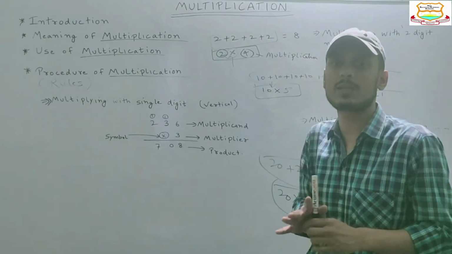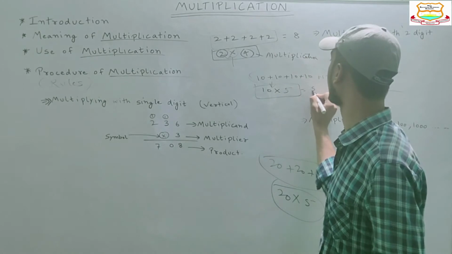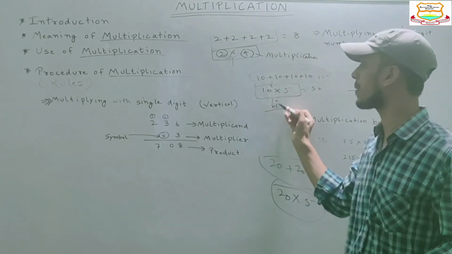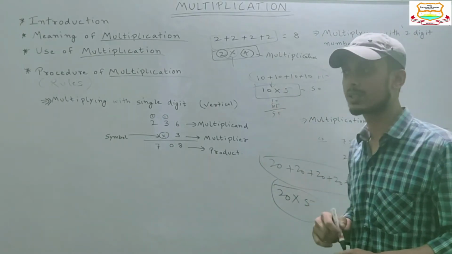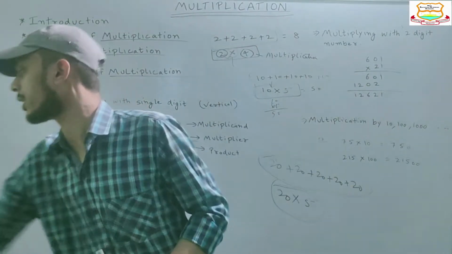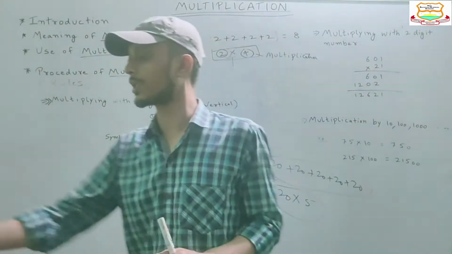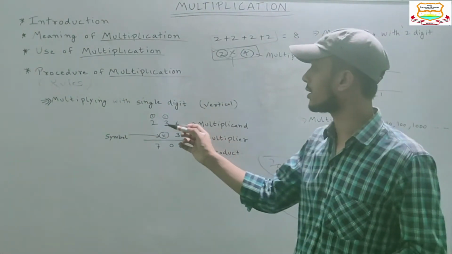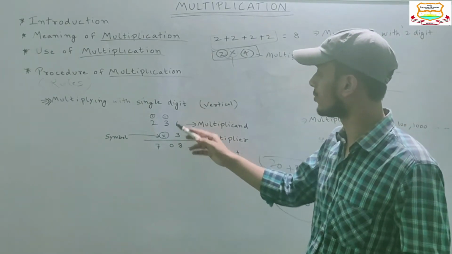Some numbers can be multiplied horizontally. For example, 10 into 5 equal to 50. You can multiply like this also. Means you can write up and down also. Answer will be same. Okay, let me rub this. Have you understood? Okay. So let us see how we have multiplied this.